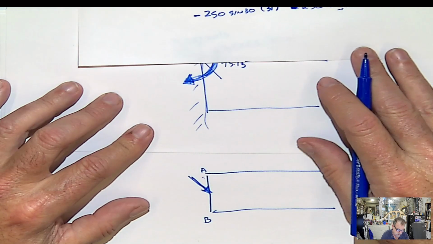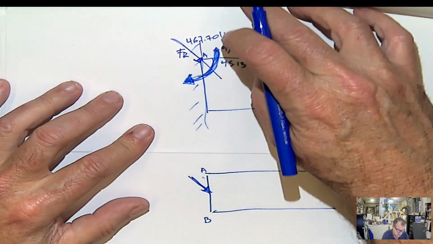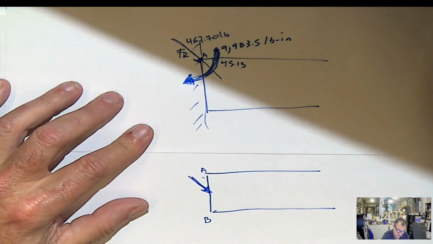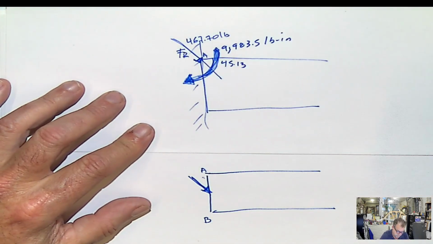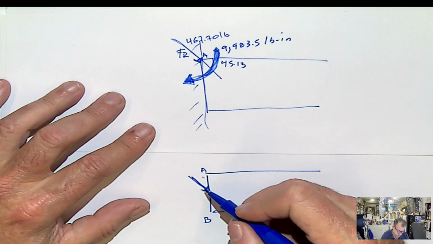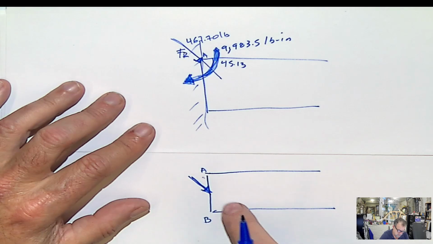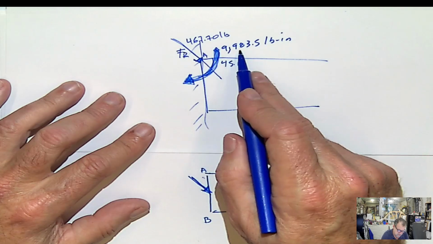But clockwise. When I drew it before, it was counterclockwise, so clockwise. So when I put that force over there, this force placed in that direction should produce the same moment as that.